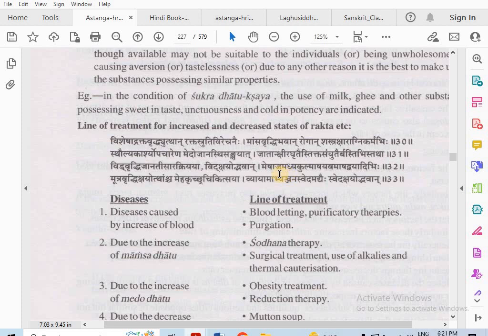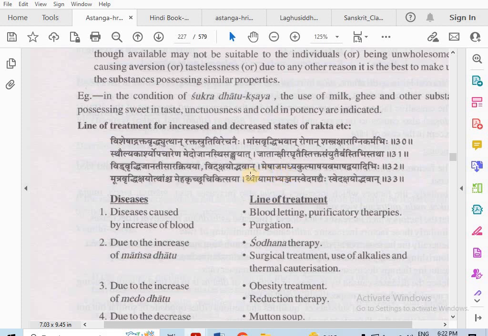Meshaja Madhya. Meshaja, disjoint, two words are there. Mesha plus Aja. Mesha is sheep, and Aja means goat, and then Madhya means central part. So here they are talking about the meat of sheep and goat to be eaten, to consume, right?